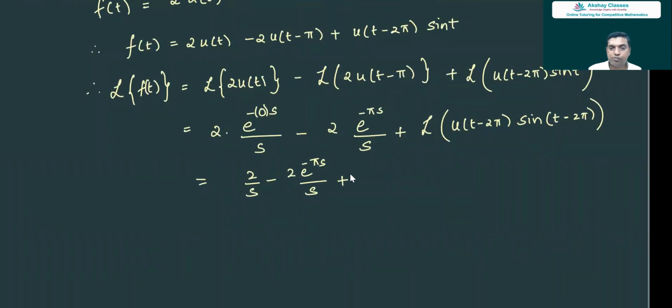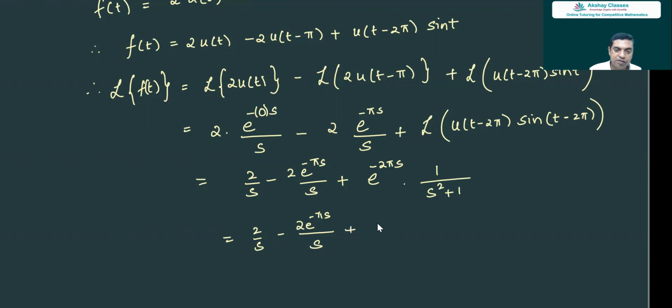So this is the solution: 2 by s minus 2 e power minus pi s by s plus e power minus 2 pi s upon s square plus 1.